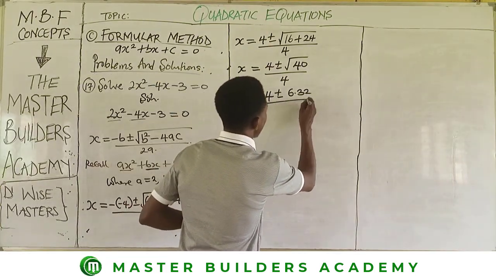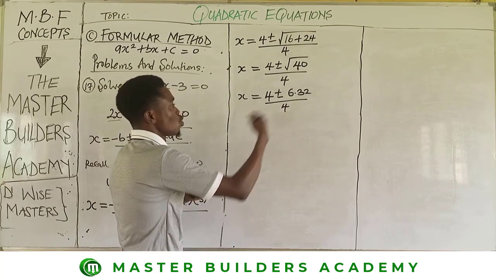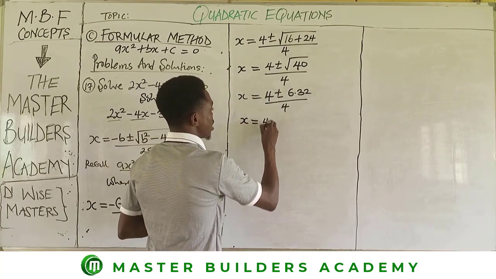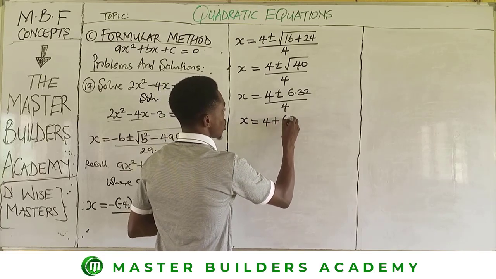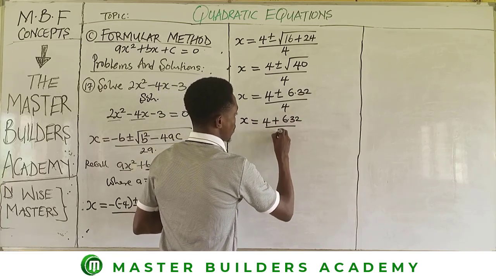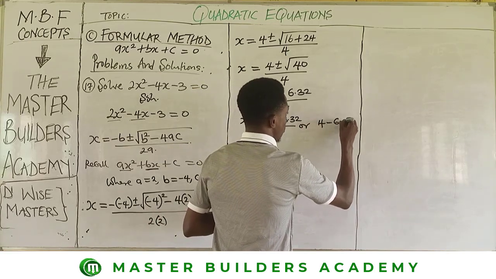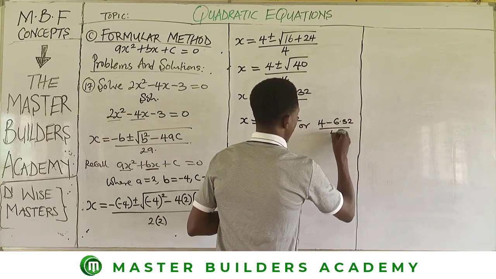Then all over 4. The next thing we are going to do is share the middle sign for the figures at the numerator. So I'm going to have 4 plus 6.32 over 4, or next we use 4 minus 6.32 over 4.